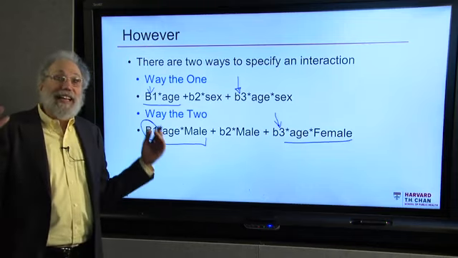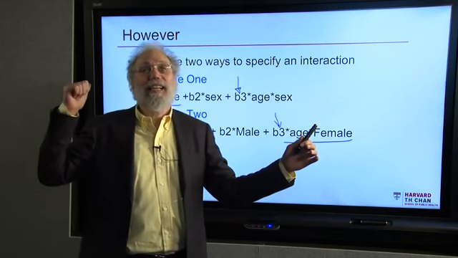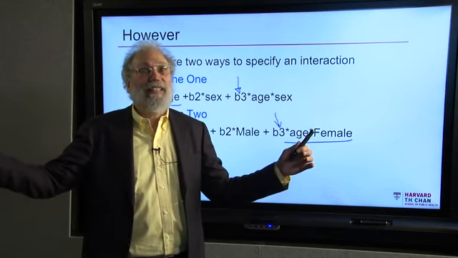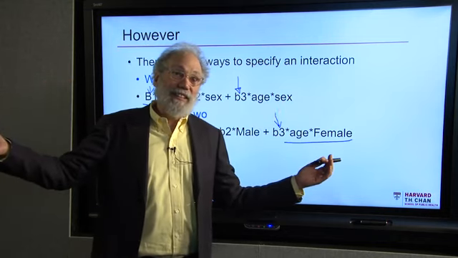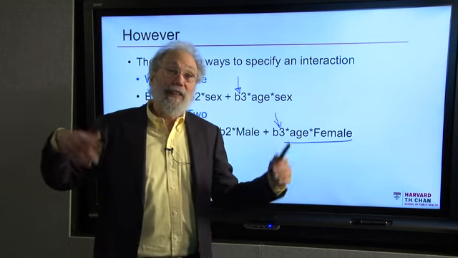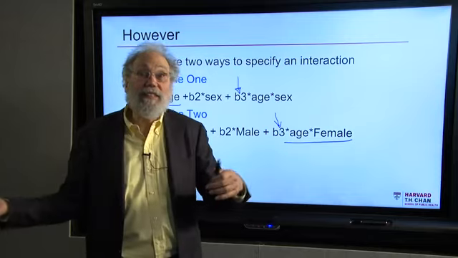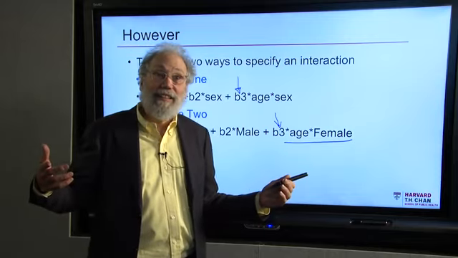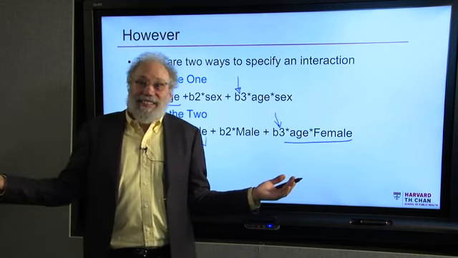And so that will directly give you the effect of age in men, the effect of age in women, and their standard errors, and therefore their confidence intervals. Okay? But it doesn't directly give you the p-value for whether B1 and B3 are different, which this does. So you run both regressions.